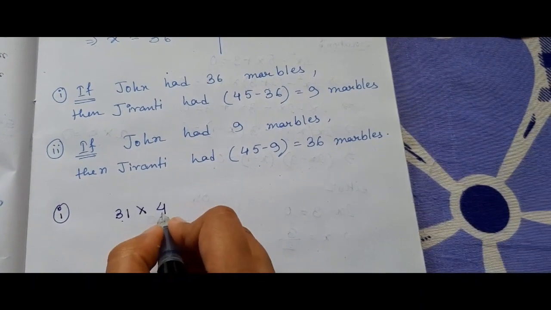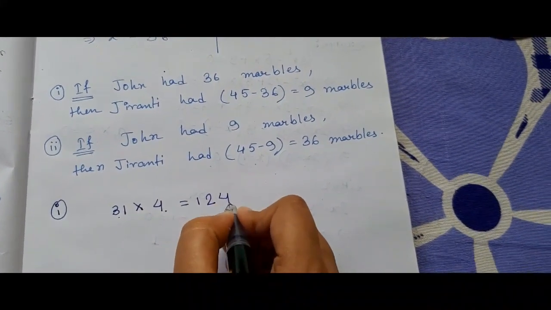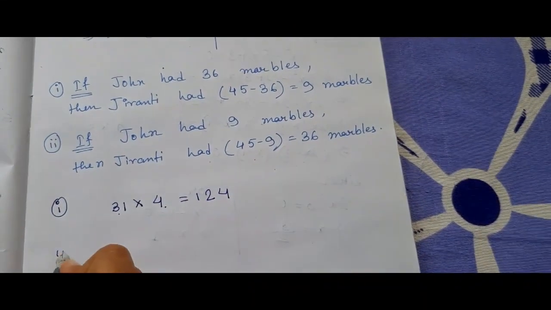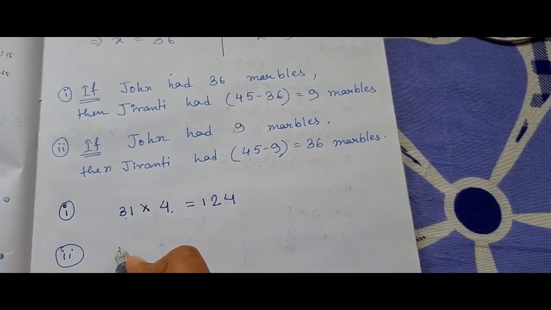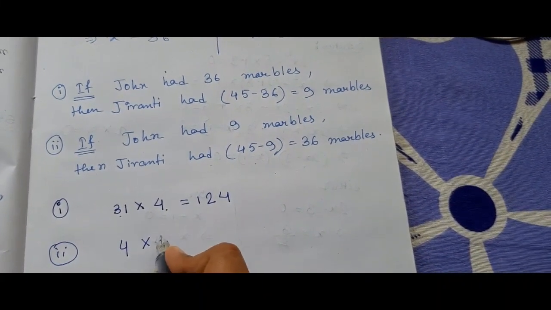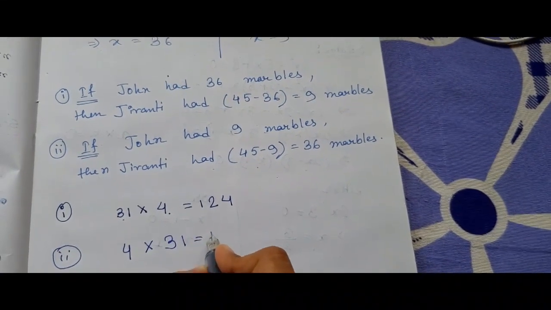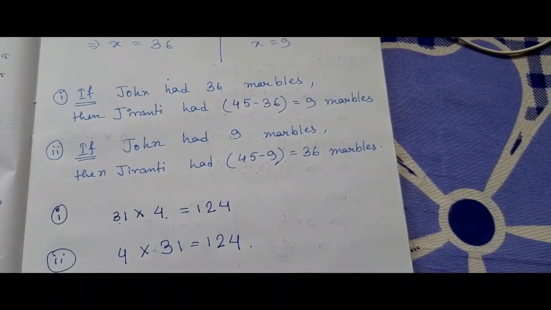So if you do the product 31 into 4, it will become 124, right? Similarly, if you verify for case 2, if John had 9 marbles, after losing 5 marbles, the number of marbles will become 4. Similarly, for Jivanti 31, the product is also equal to 124. So that means your answer is correct.